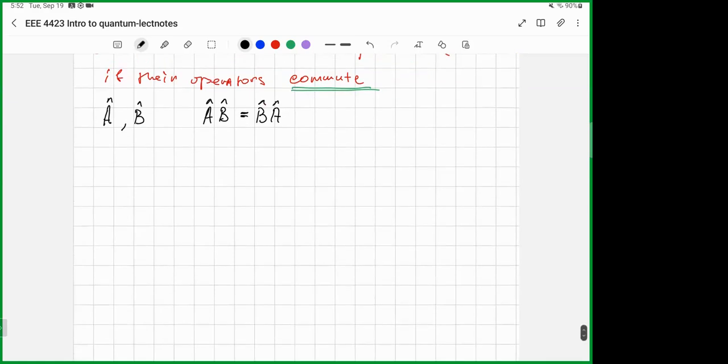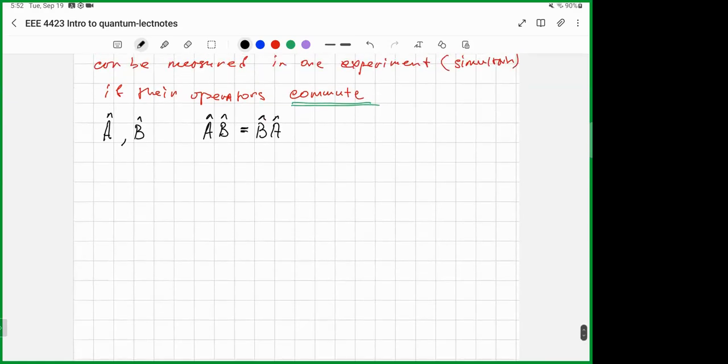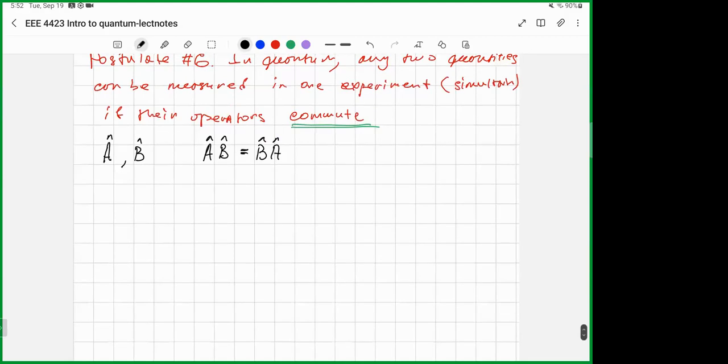And when this is true, when the operators commute, meaning it doesn't matter in which order you take the product, then the two quantities can be measured at the same time, simultaneously in one experiment.